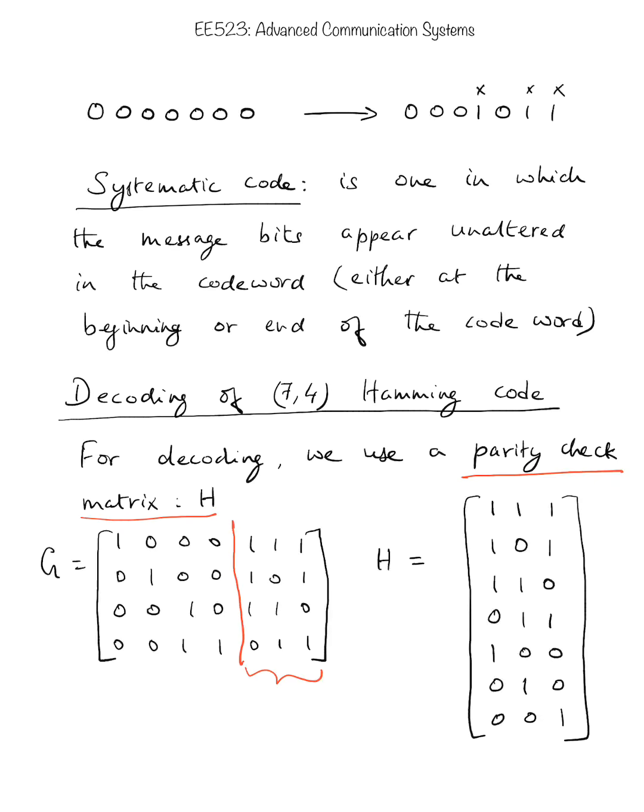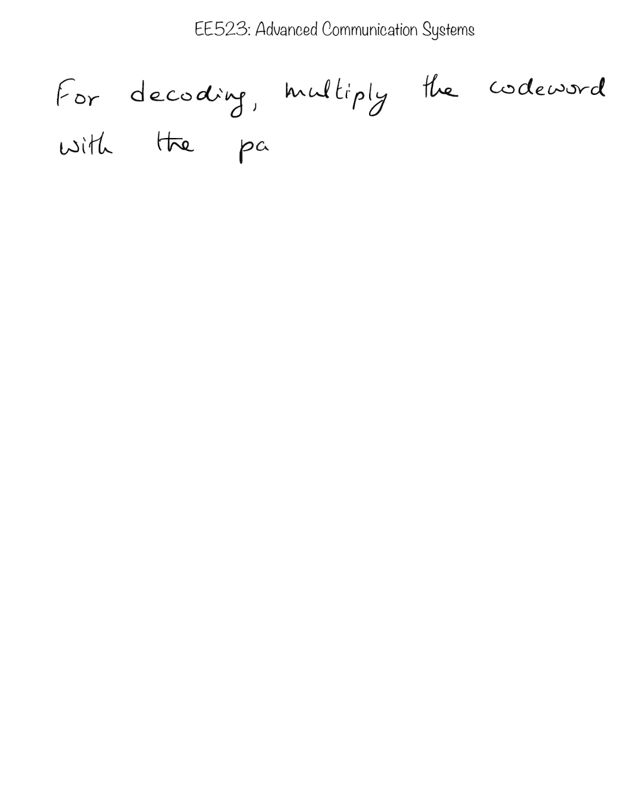So for decoding, multiply the code word with the parity check matrix.